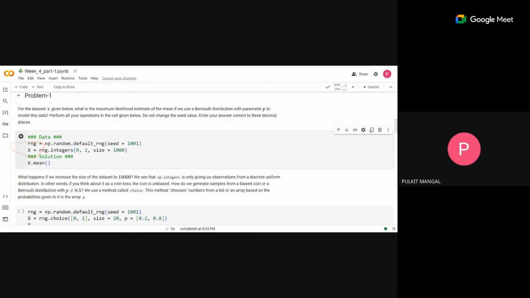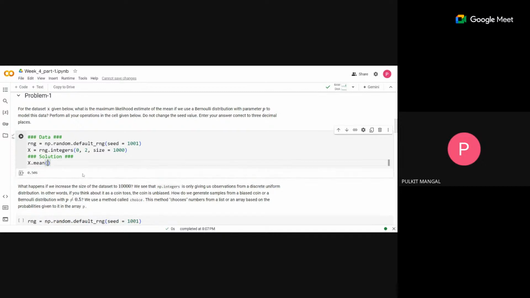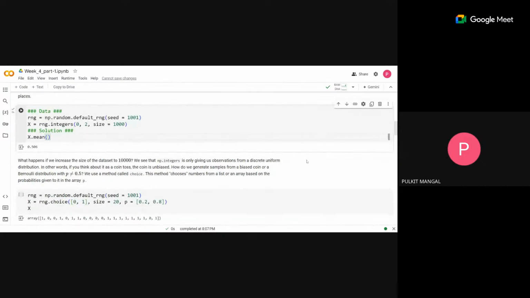What you said, np.mean, is also right; in that you have to pass the argument x. They are both equivalent. If you run the cell, you'll get a mean value of 0.506. That is the answer for your first question.